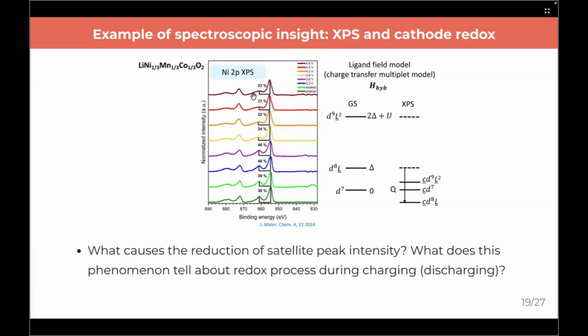We would like to understand what causes such a reduction in the satellite peak intensity. Here we use the ligand field model, in which, as you can see, we consider the ligand to transition metal charge transfer effect.